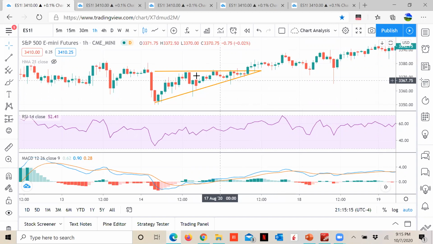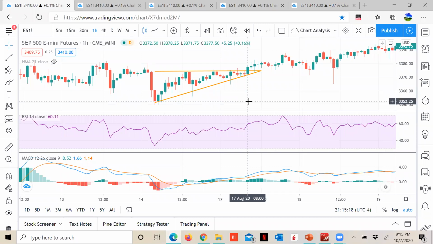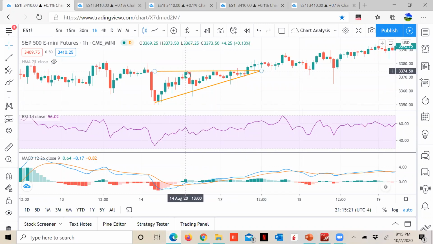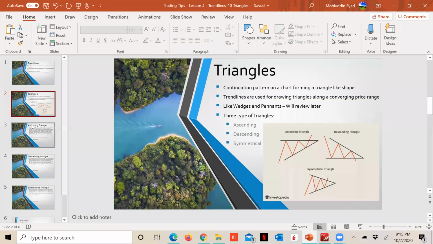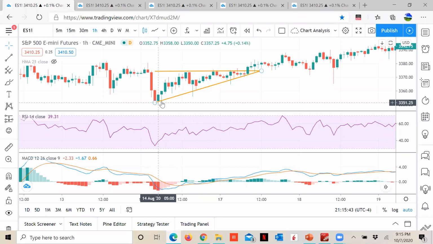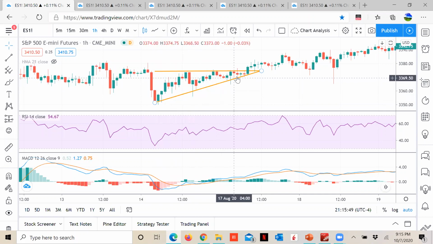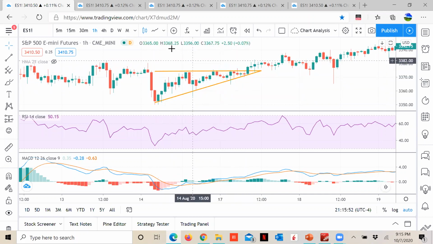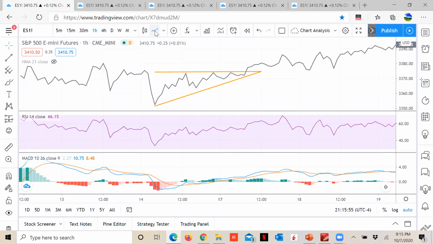If you look closely, for an ascending triangle, you have similar highs, right? And the lower trend line is rising diagonally, indicating higher lows. If you go to the line chart, you can see it.